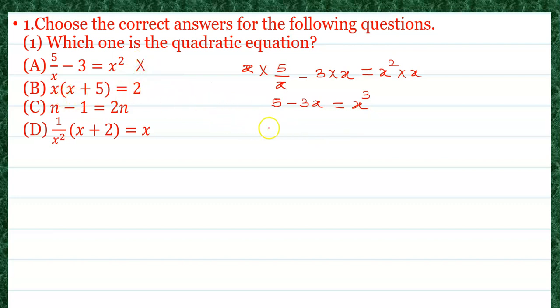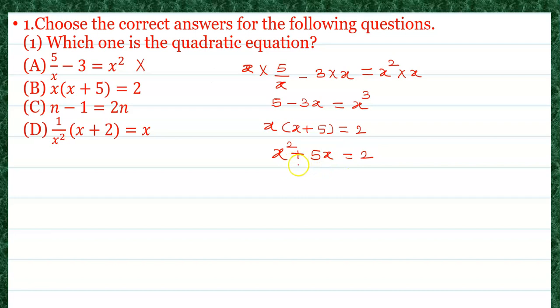What about the second? That is x (x plus 5) is equal to 2. Now multiply this x with x and 5, and you will get x into x, x square, plus 5x is equal to 2.